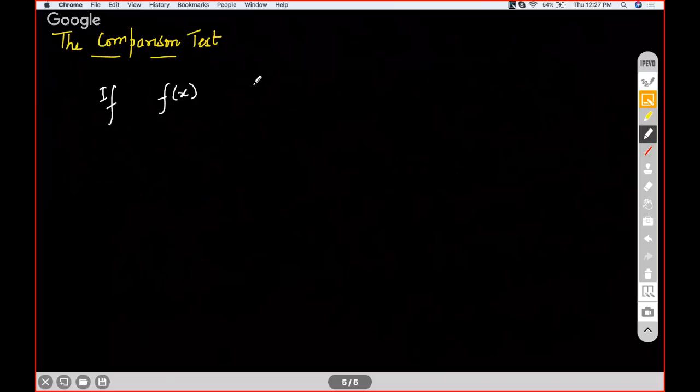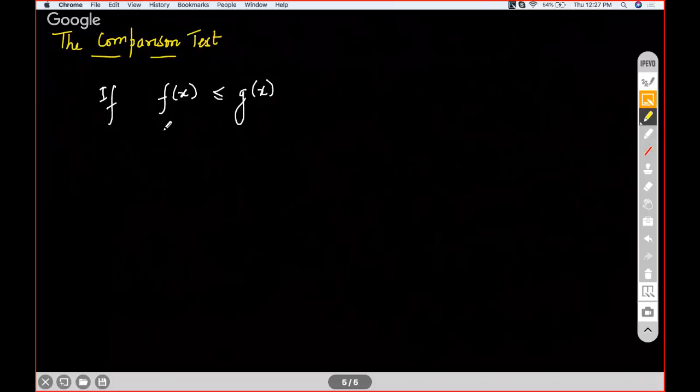Okay? Now, the next important concept that we are going to study is the comparison test. What does this test say? This test says that if you have a function f of x which is known to be less than or equal to g of x, what is the meaning of that?